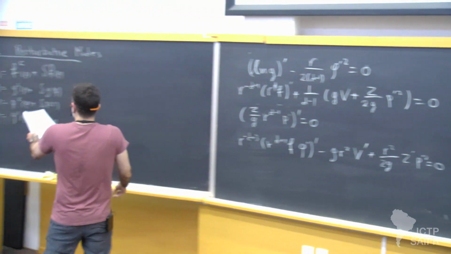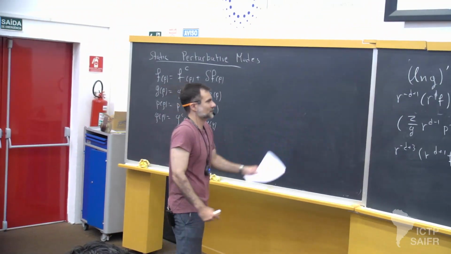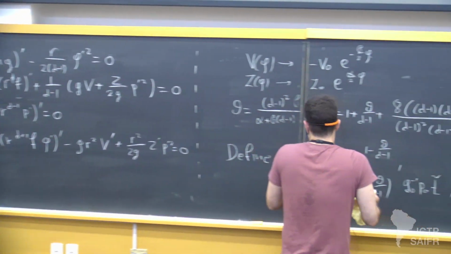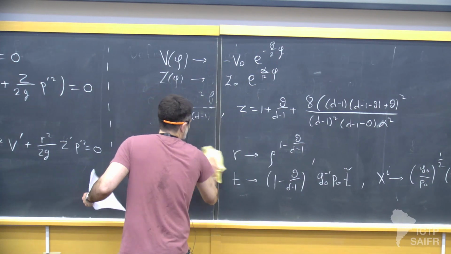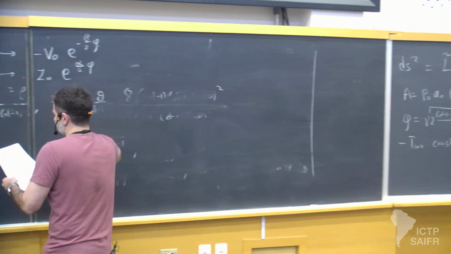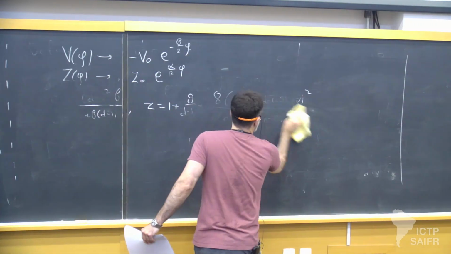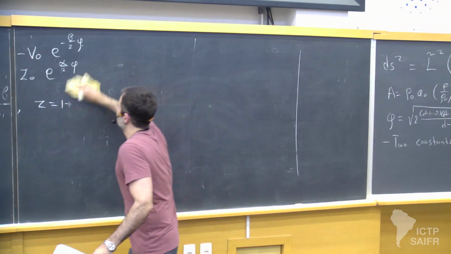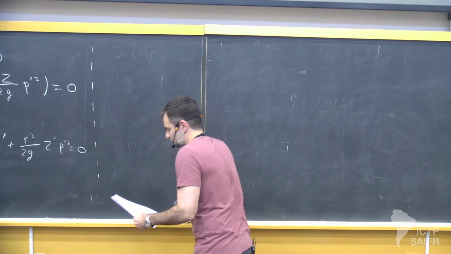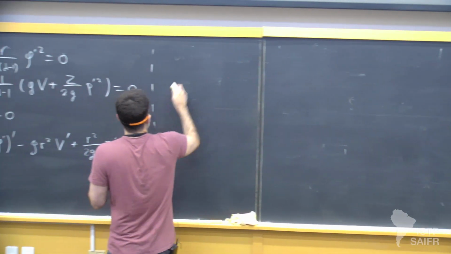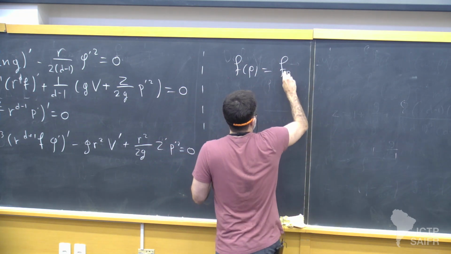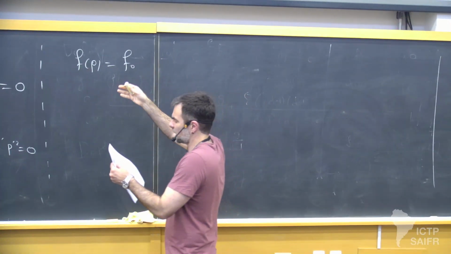So I want to plug this in these equations, expanding f, g, p, phi, and what you will get is a big mess, unless you write this function f like this. There is some constant f naught coming from the background.